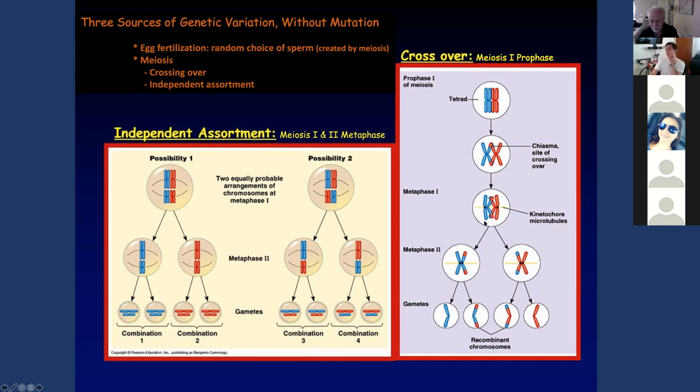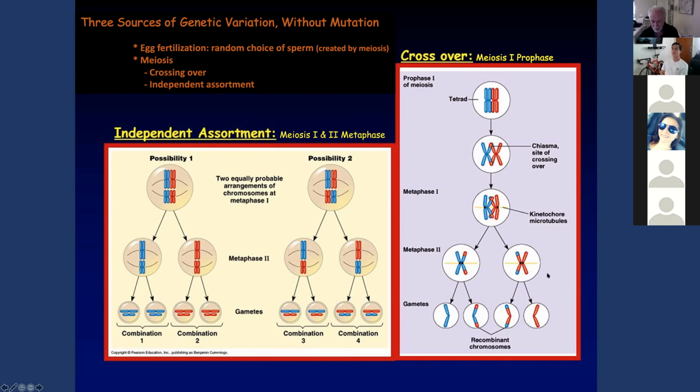So that, if you come down, now one of the blue homologs has red tips, and one of the red homologs has blue tips. So the homologous chromosomes are now genetically different from each other. There are different genes on each of these 2 homologs.